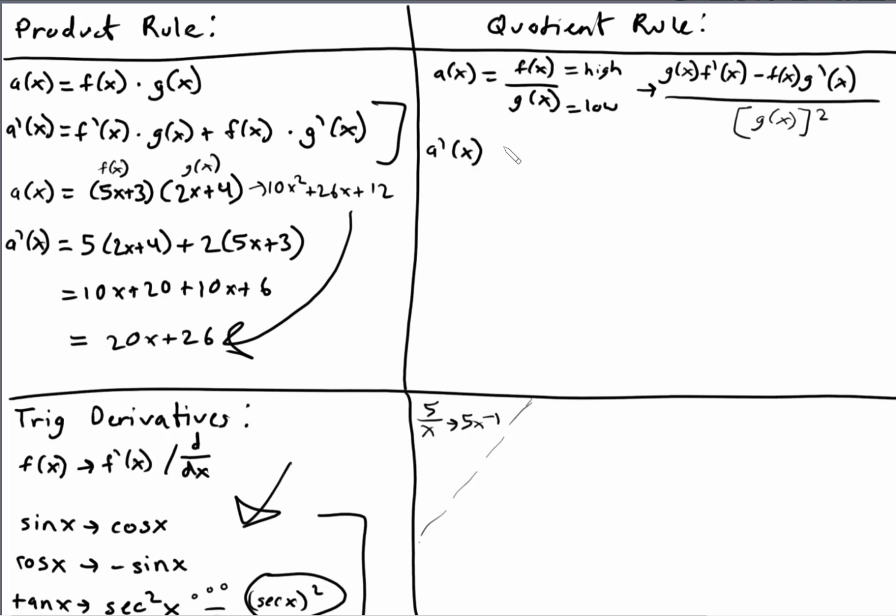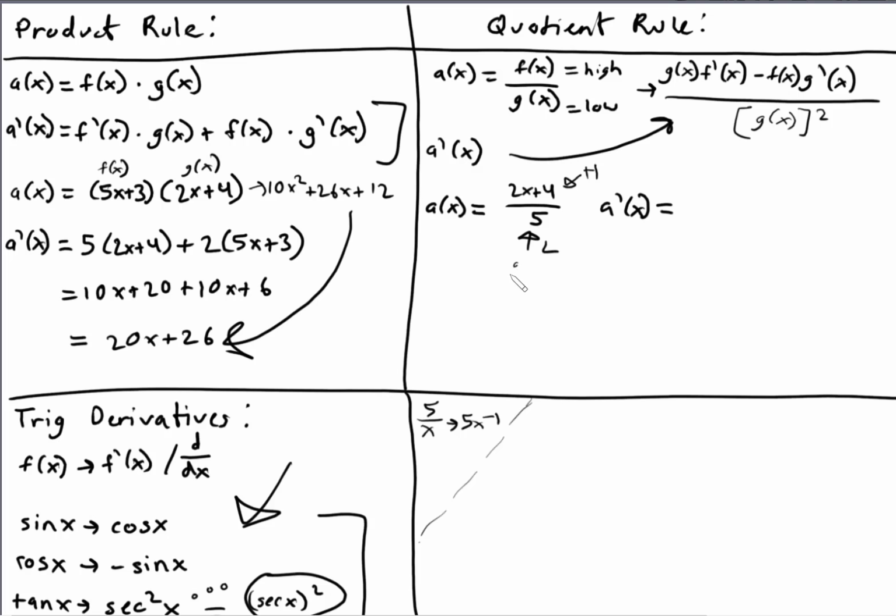So let's go ahead and come up with a quick example. So this is going to be your derivative function. Let's say we have our a of x to be 2x plus 4 divided by 5. Well, what's our a prime of x? Let's go ahead and show you how this works. We're going to treat this as our low function, and we're going to treat this as our high function.